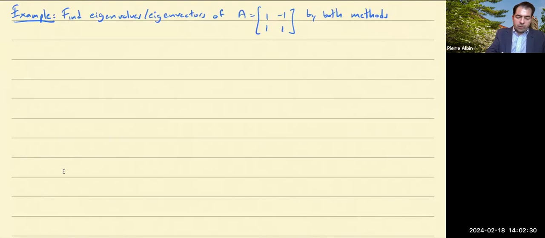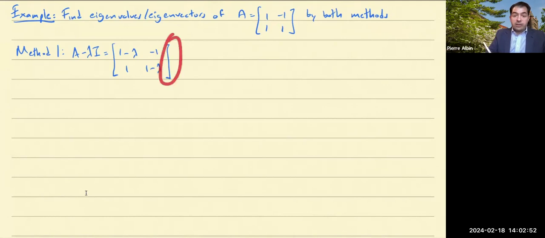Okay, so method 1. Method 1 is just to start with A minus lambda times the identity and put it into reduced row echelon form. So A minus lambda times the identity would be the matrix 1 minus lambda, 1, minus 1, 1 minus lambda. Last time we augmented this with a column of zeros, but as I mentioned, those zeros just come along for the ride. So from now on, we won't even bother including them.